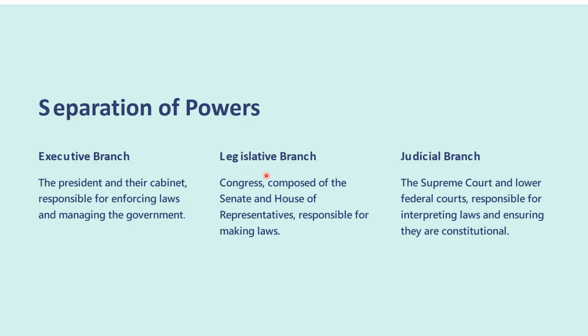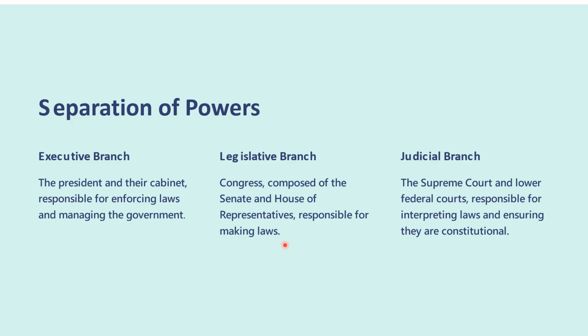And the legislative branch, the Congress in America, composed of the Senate and House of Representatives, is responsible for making laws, because the presidential system is followed by the USA. So Congress or Parliament make laws and exercise oversight over the executive branch.